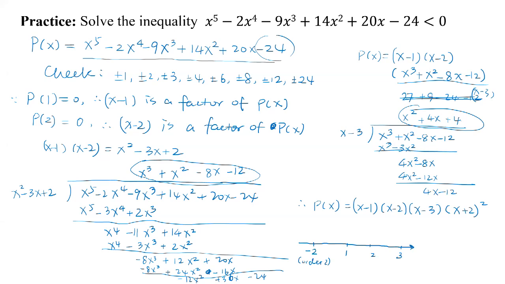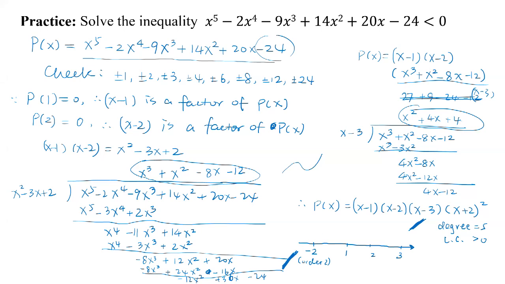And also note that this polynomial has a degree of 5, and the leading coefficient is positive, right? For degree of 5 and a positive leading coefficient, this function will have a pattern like this, right? It will extend from the third quadrant to the first quadrant. So it comes from all the way here, goes all the way up there, right?